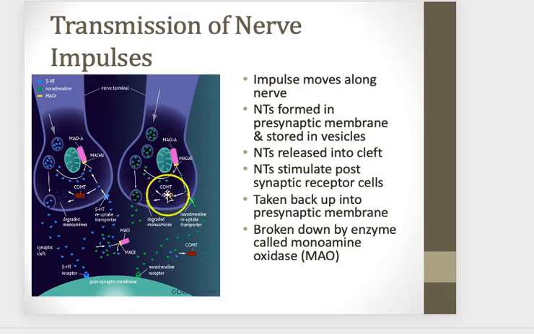So even in these few slides, we've talked about how to increase the amount of neurotransmitter in the synaptic cleft. One, by preventing it from being taken back up, and two, preventing its metabolism, or preventing it from being broken down. So that's how we're getting different classes of medication, which we'll go more in depth on in antidepressants. I just want you to get a little familiar with those terms right now.